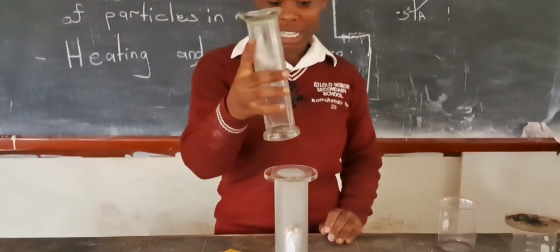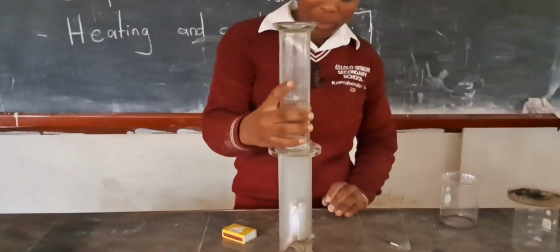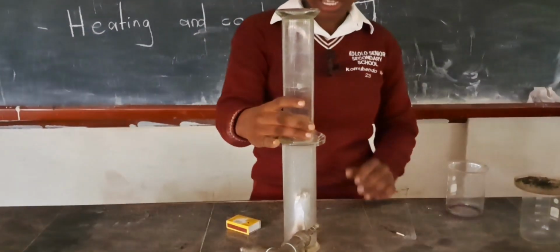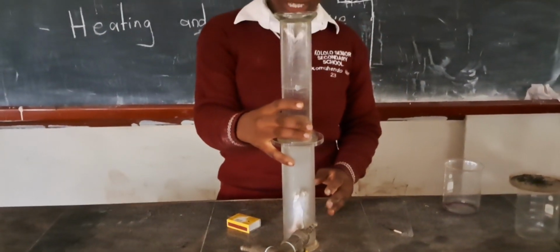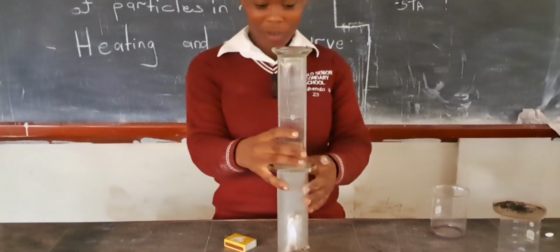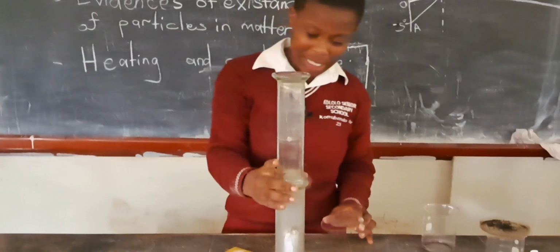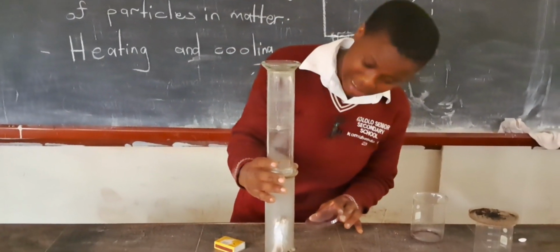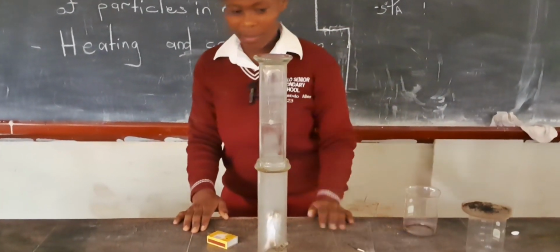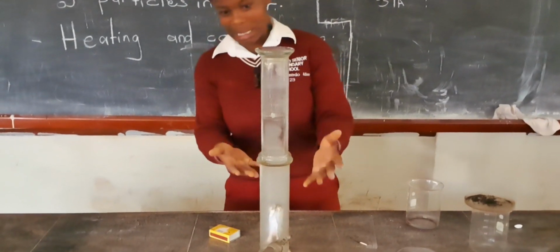Invert the second gas jar and put it on top of the gas jar containing smoke from the paper. Now carefully remove the petri dish so that the first and the second gas jars are in contact. Observe carefully what's taking place.